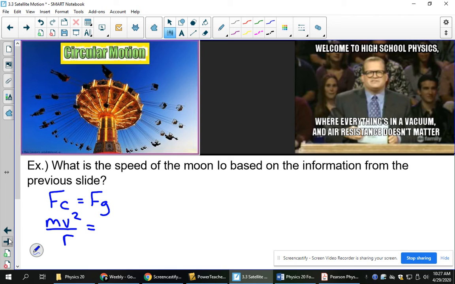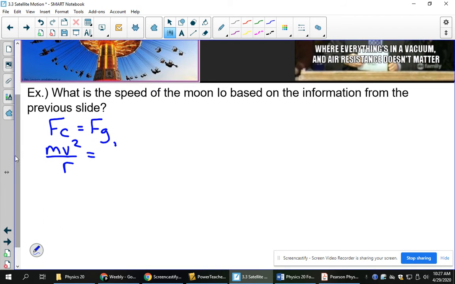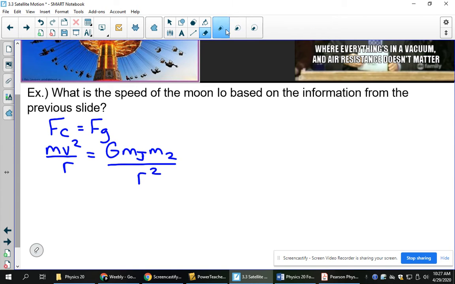And then for force gravity, I'm going to pick the same one from before because that nifty thing happened where the mass canceled and made it quite a bit simpler. Okay. So let's talk about what the masses are again. We've got Jupiter and we've got the moon Io.